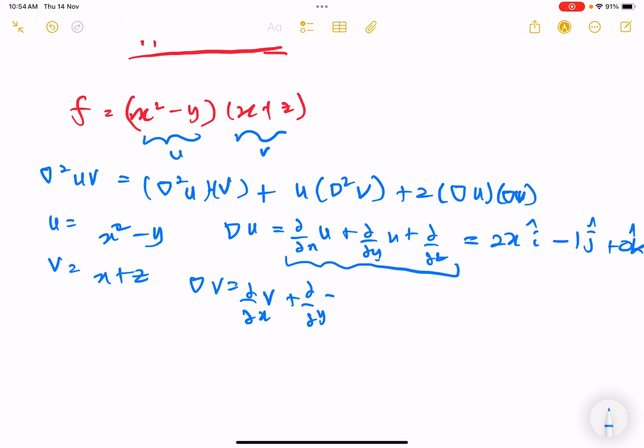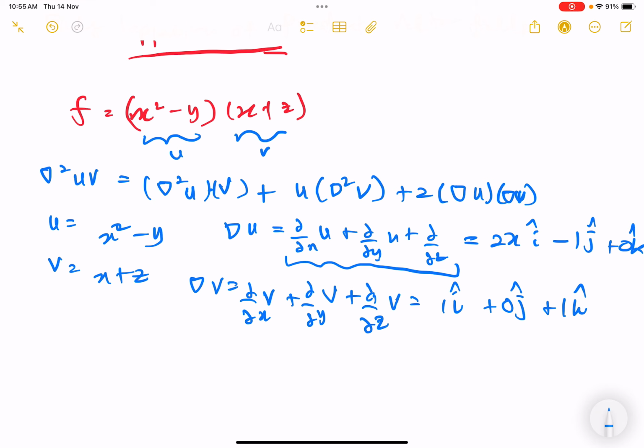So for v, the first component you have 1, and then for the second component, v over y, you have 0j. Alright, and then the third one you have 1k, right? Okay, so this is our divergence.